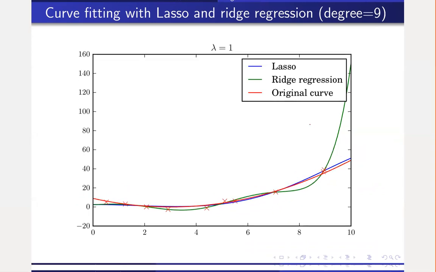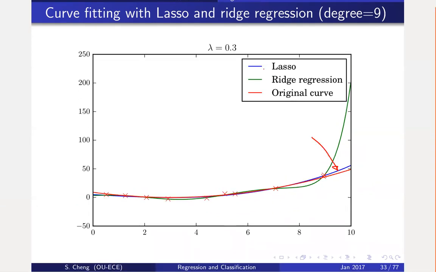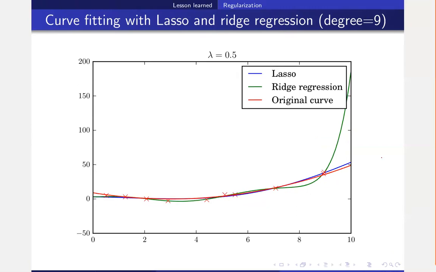Of course, the lambda for Lasso and ridge regression has a different meaning because they consider different norms. So it's probably not a good idea to say that ridge regression is doing better than Lasso, because it may be that this particular parameter is just not appropriate for Lasso. But for convenience, I just put it like this.